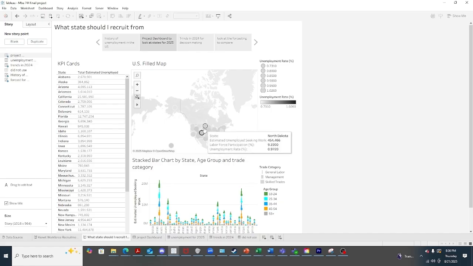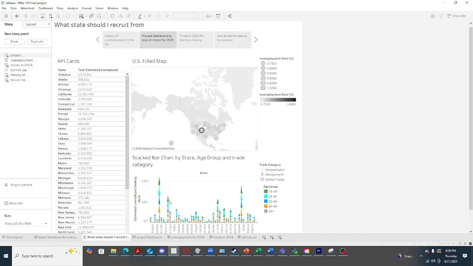I also left on my heat map for colorblind because I also am colorblind. And I believe this would also help me, when you're selecting which states, you can see what's around and you can click it through the filter to see where the best place to recruit from is. If you see here, you can click on Colorado, for example, and you can see what they are. You can look around. Of course, Texas is going to be the closest state to recruit from.